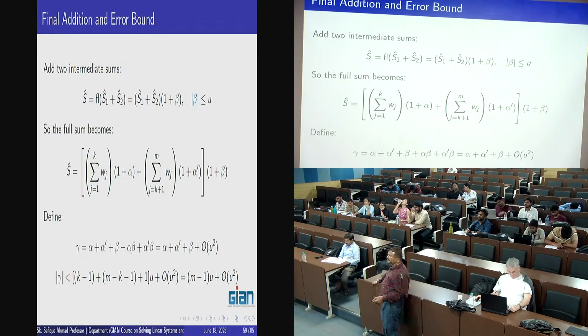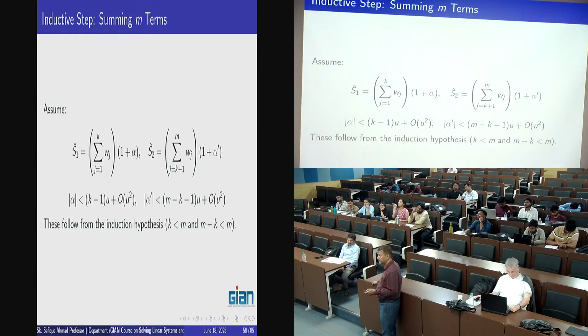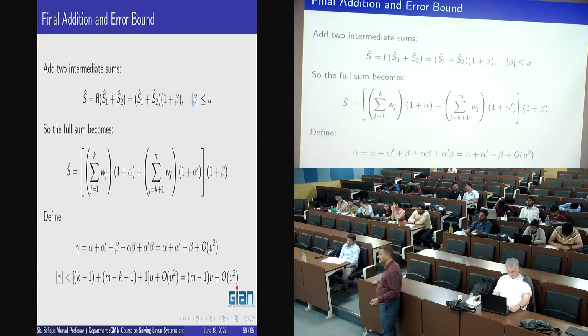This is helpful, because k minus 1 into u and m minus k minus 1 into u, you have combined both of them.